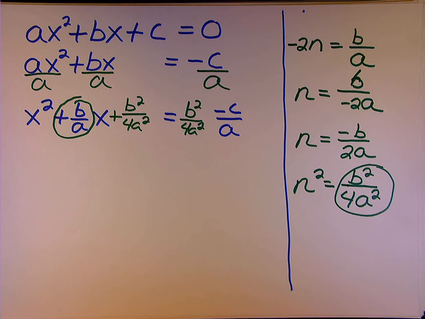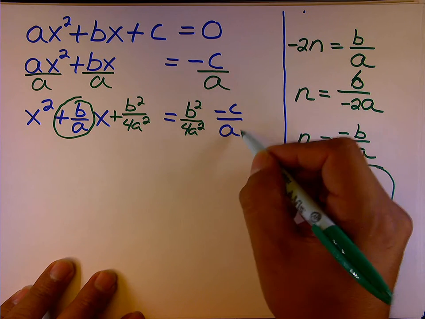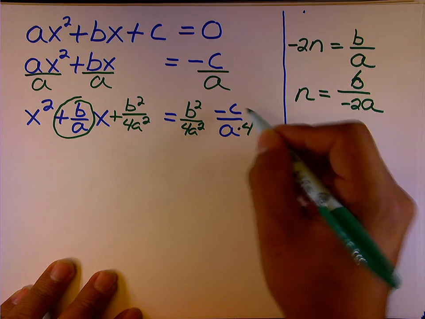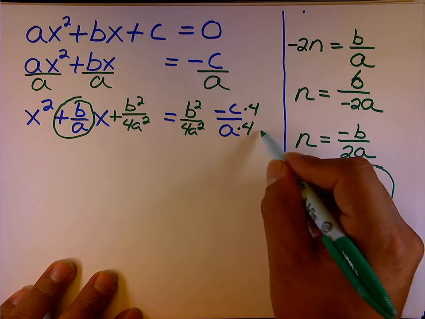I see two fractions. I'd like to add my two fractions together. To add two fractions together, I need a common denominator. The lowest common denominator for those two objects would be 4a squared. The second fraction then is missing a factor of 4, and it's missing a factor of a.